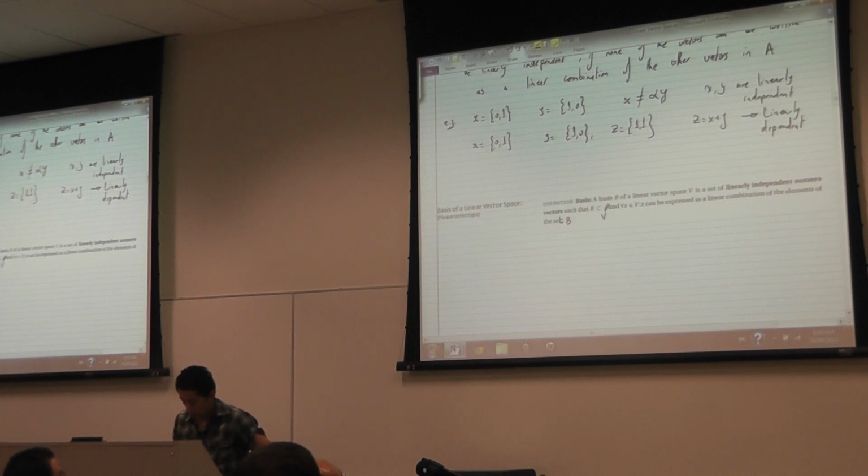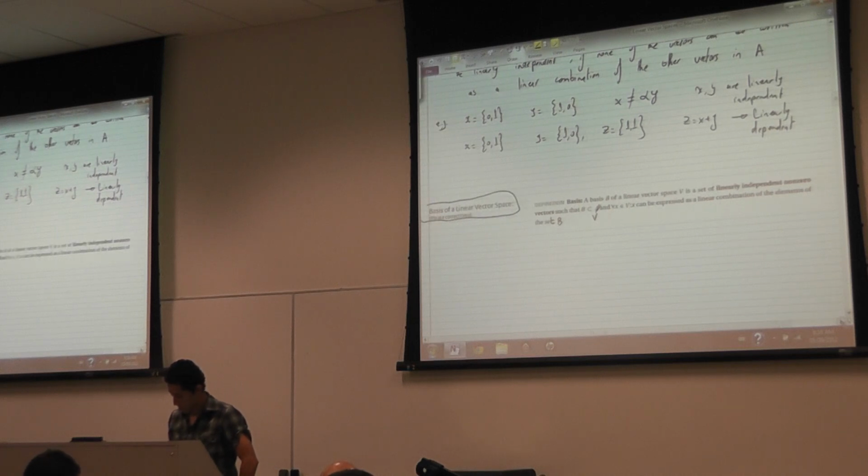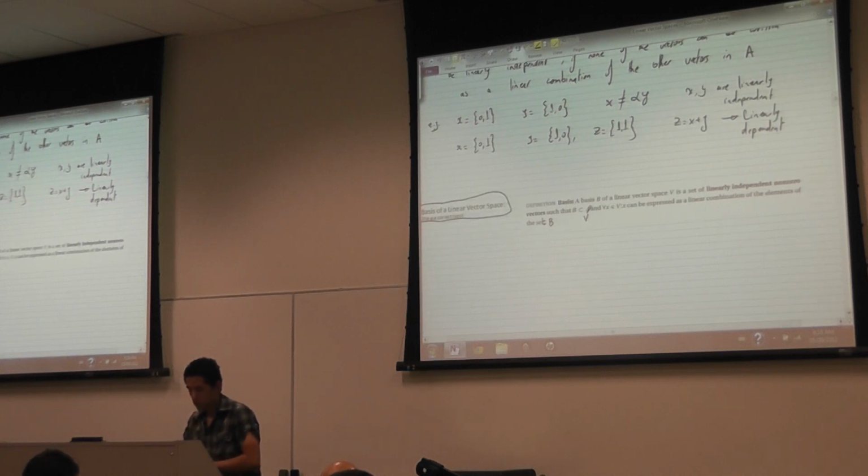The second thing we have to define is a basis of a linear vector space. And please correct the typo in the new version. If you have last year's version of the book, the definition is probably slightly different. But here's the corrected definition, the final one.